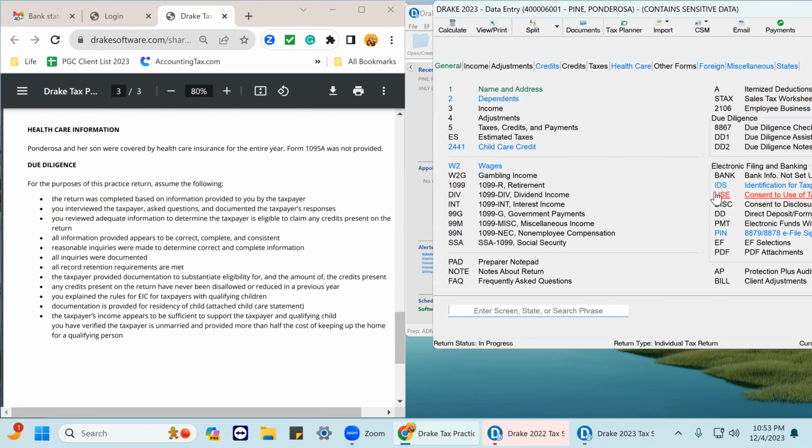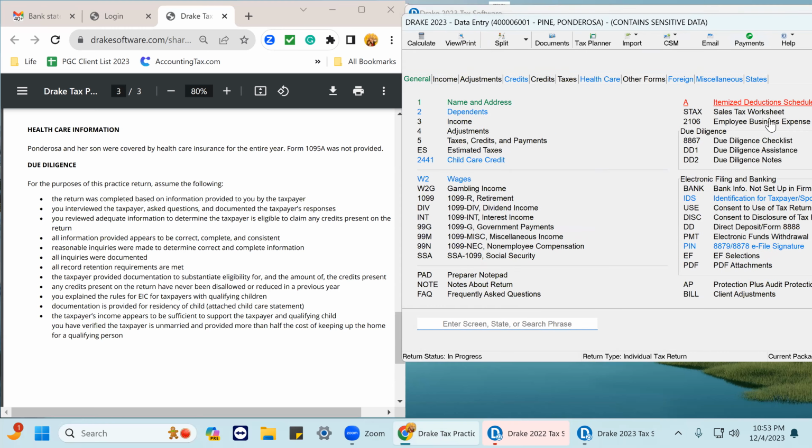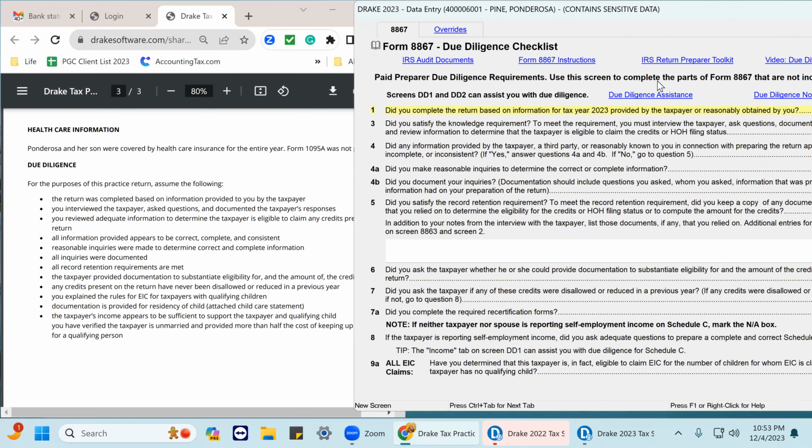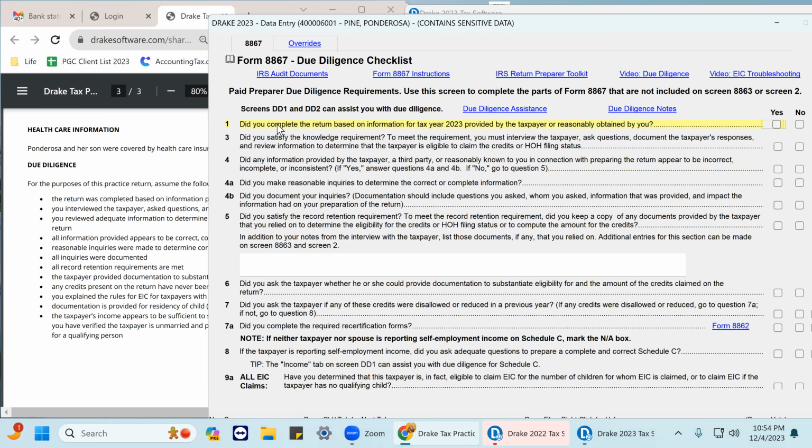What's due diligence? It's required for the tax preparer to answer the questions. If you don't do it right, you're going to pay a penalty. So read this. Victoria, could you read the highlight?